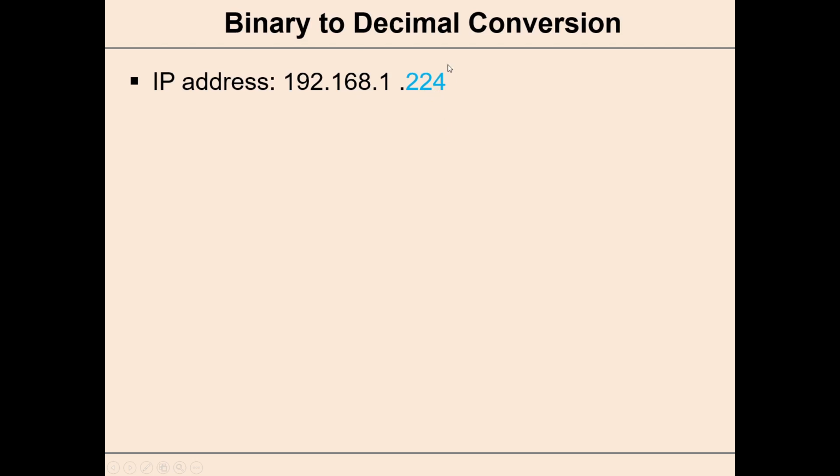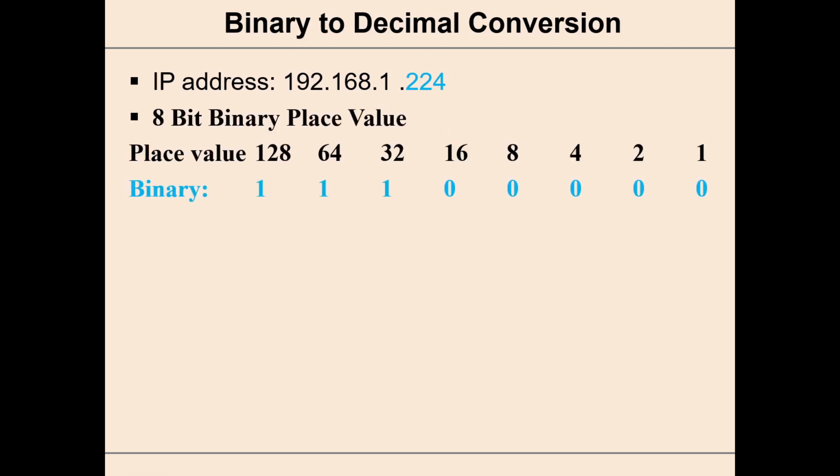Like, for example, here, dot 224, representing 8 bits binary. We use the place value to convert 8-bit binary to a decimal number. For a given 8-bit binary, each binary bit position has a place value. It starts from the least significant bit, which has a place value of 1.